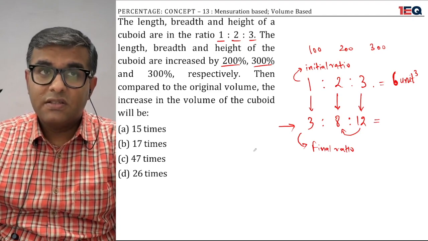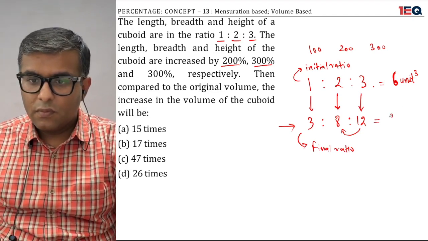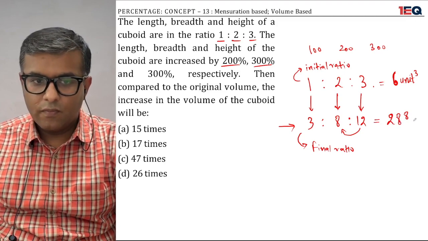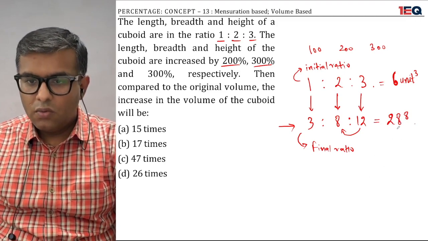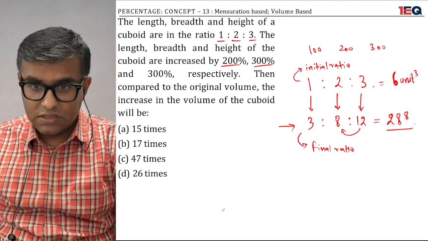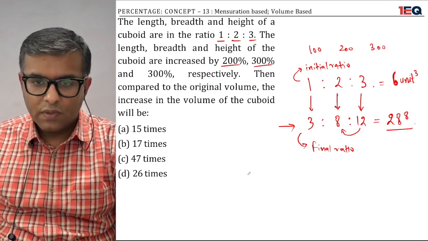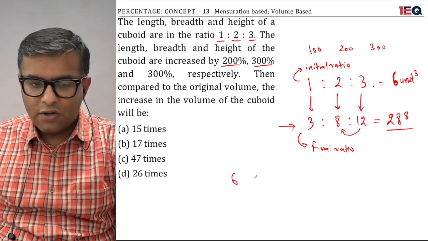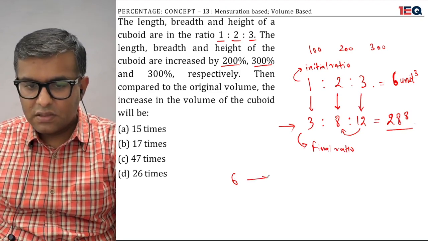Minus 12, it's 288. Okay, now this 288 needs to be checked of what is going on. Initially, I started off with 6. Now I am sitting at 288.